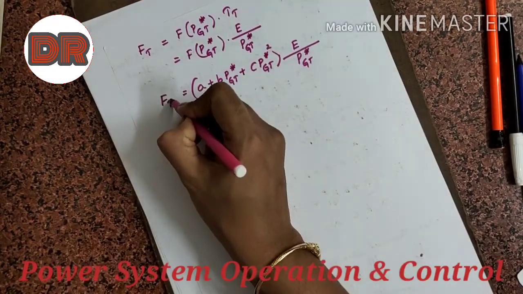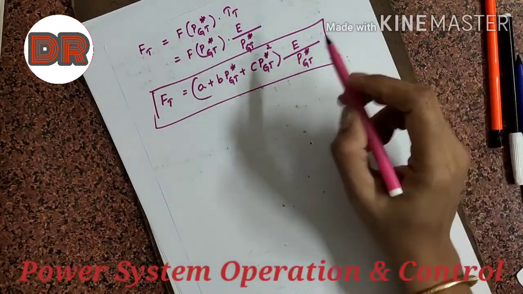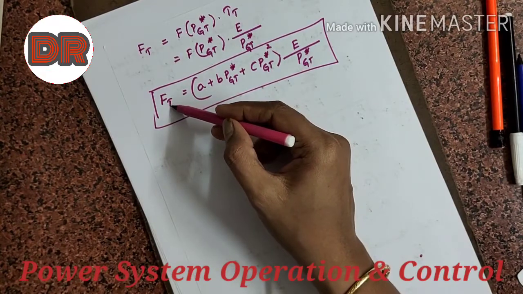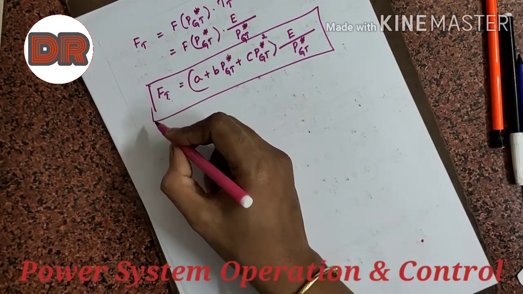So we have written a simplified version of the cost function. Now what we need is a minimum total cost.